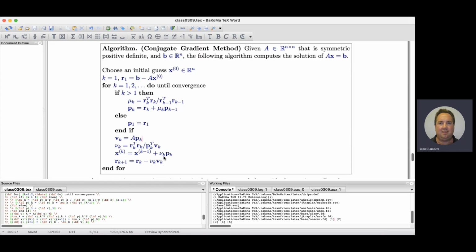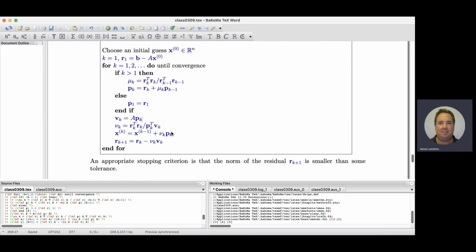So it's more numerically stable in that sense. And each iteration has about the same computational expense, which is not true of Lanczos. So it's very much an improvement on that. So this is quite an effective method for symmetric positive definite systems, although there's still work to be done.